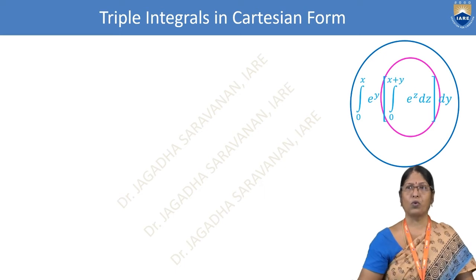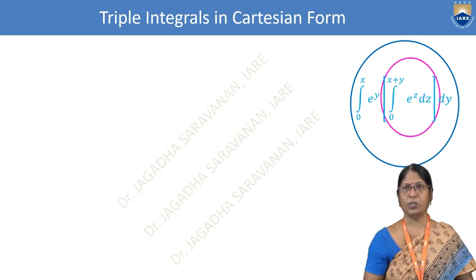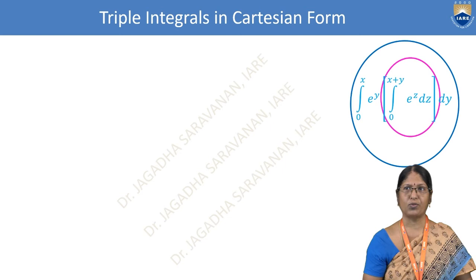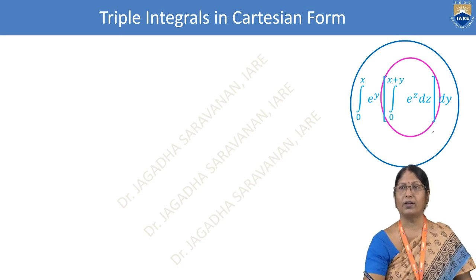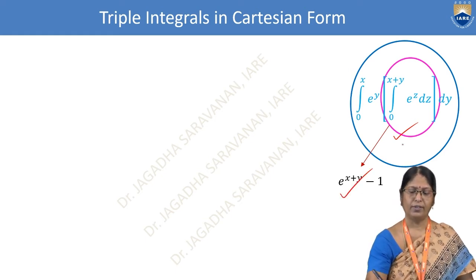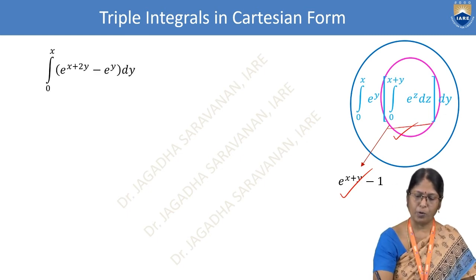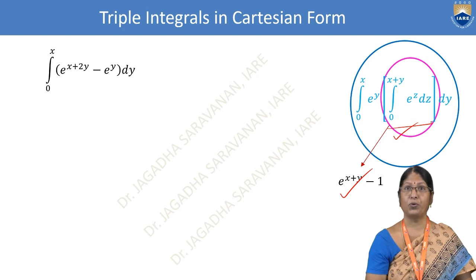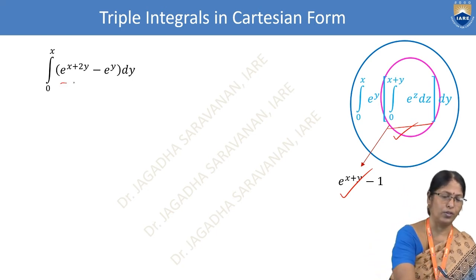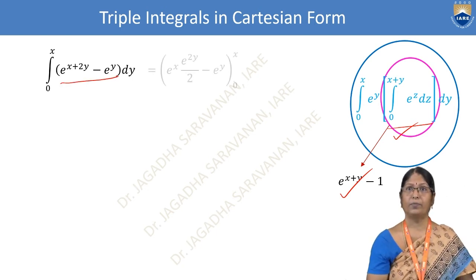So far, up to the previous slide, we completed the innermost integration, shown in the animation. This is the result we got, and we substituted it in this place to get this result.